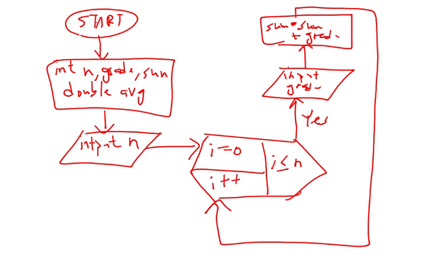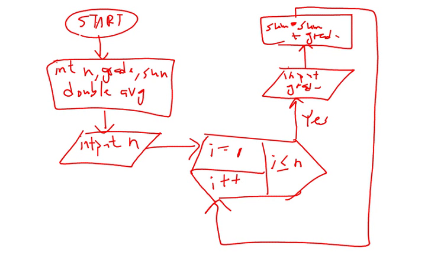How did it repeat? This flows to I plus plus, which means you add 1 to I. So I starts at 0, you check whether 0 is less than or equal to n. I'm sorry, it wasn't 0. We use 1 in our example. So I starts at 1, and then we check, is 1 less than how many grades you have? Of course it is. So you ask for an input, you add it to the sum, and then you go back, you add 1 to I, and then you check again.